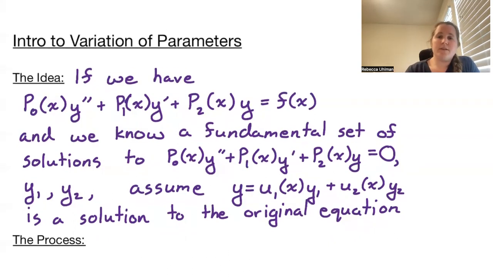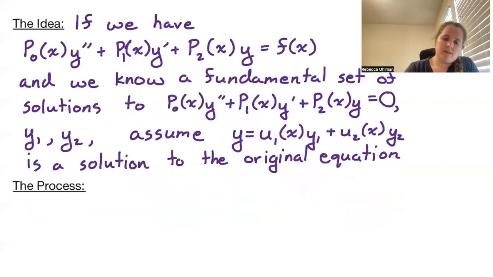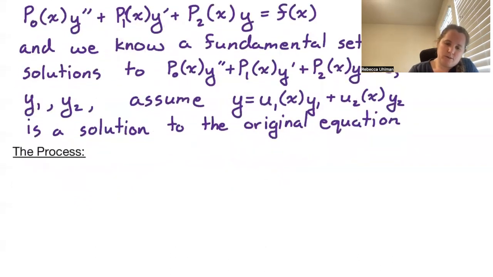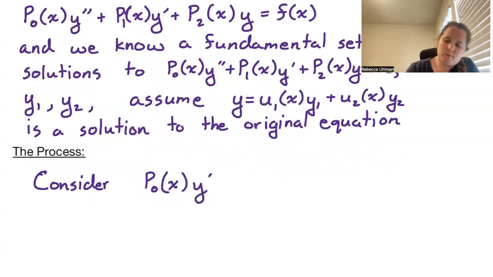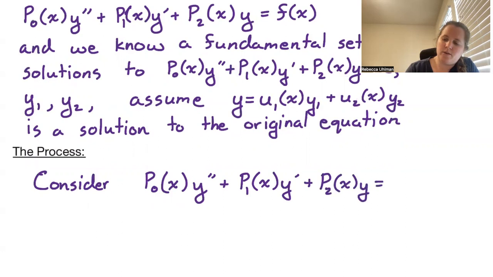So putting this all together in a process, let's consider again P0 of x times y double prime plus P1 of x times y prime plus P2 of x times y equals f of x.